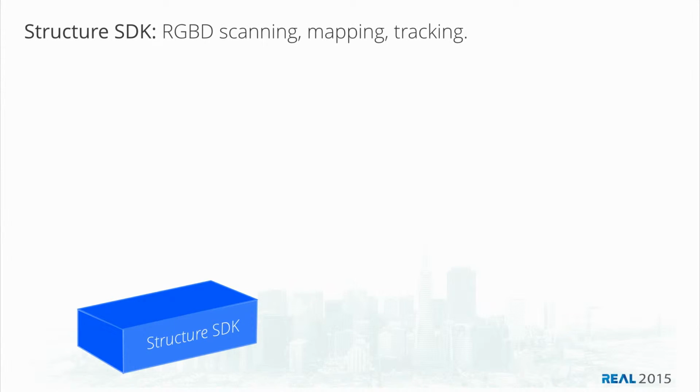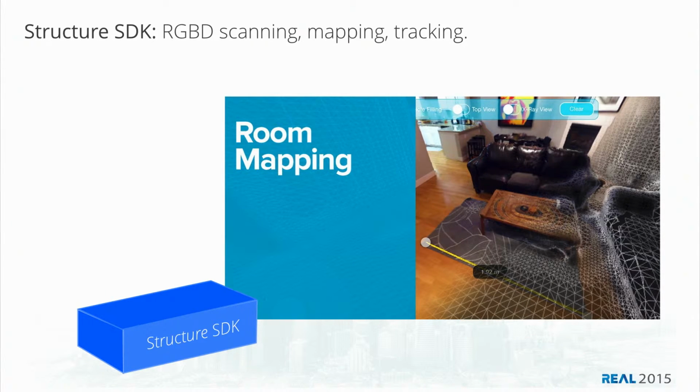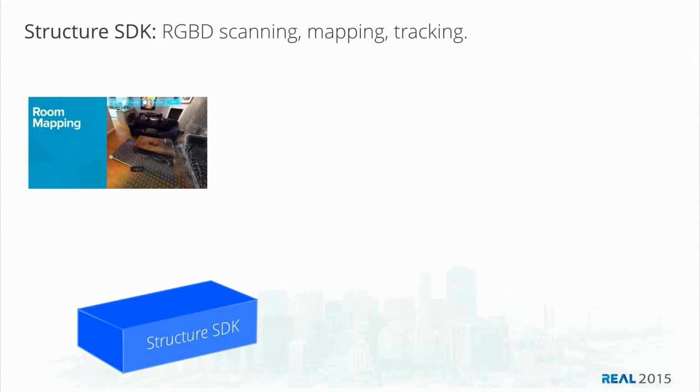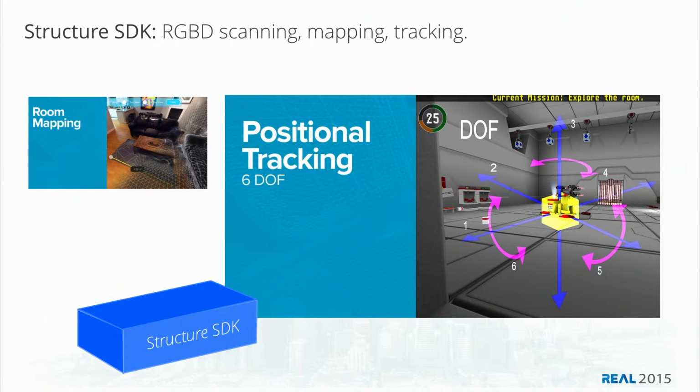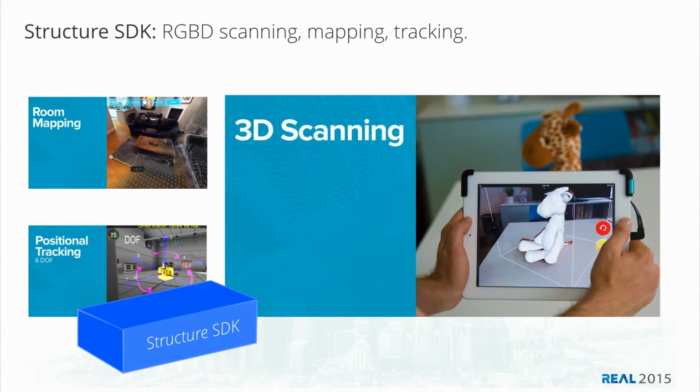So what's in the SDK? We have things like the ability to capture rooms and do measurements. We have the ability to track positionally and hold. I'm going to show you something cool in a second using that. And then 3D scanning, which I just showed you some of our latest work in that direction.